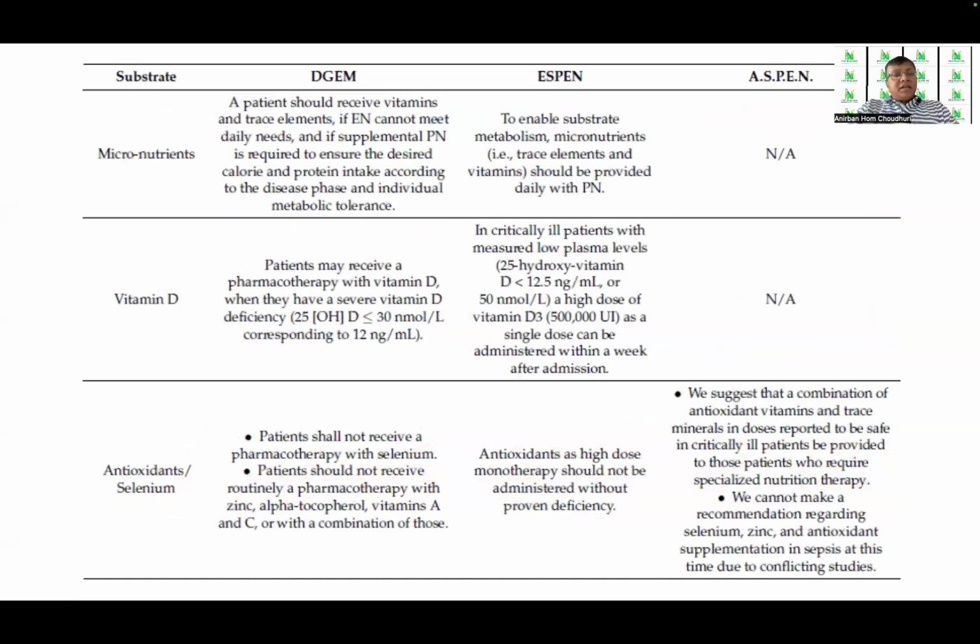If you see the different guidelines, the DGEM, the ESPEN or the ASPEN guidelines, you can see that some differences exist, because the studies which have been done have found diverse results.